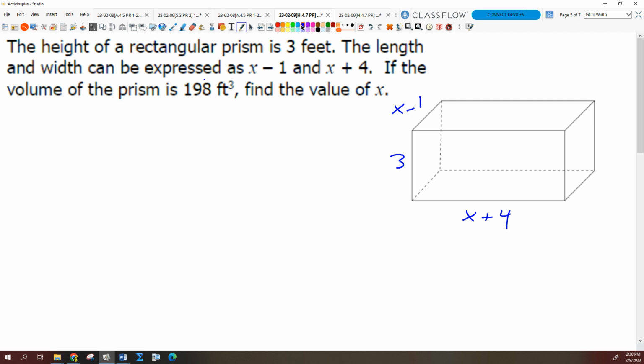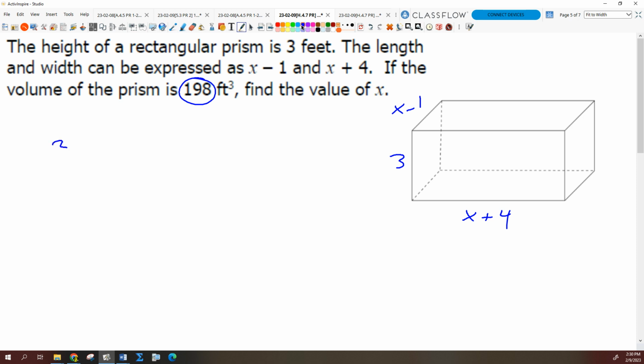If the volume is 198, our units are cubic feet, how could we find the value of x? How could we set up an equation then? Yeah. You find the volume of a rectangular prism by taking the product of all 3 side lengths, right? Everybody see that?